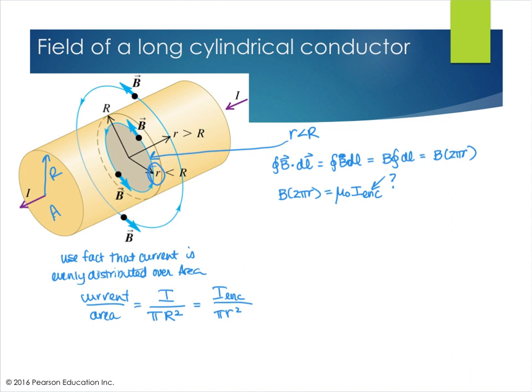So we can just rearrange this, and basically what happens is we are going to be enclosing a fraction of the total, because this is going to be less than 1. So the amount of current we enclosed is some value that's less than the total current. It would only be equal to the total current as we got to the edge of the cylinder.